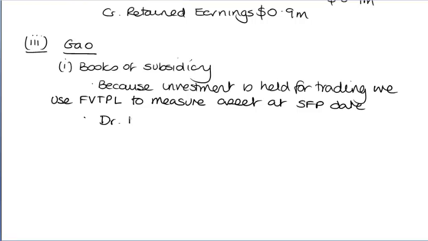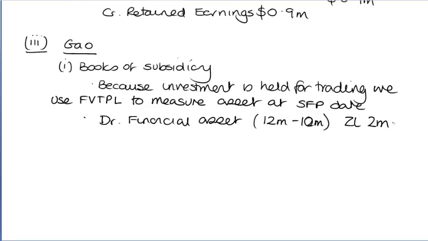So therefore I'm going to debit my financial asset. It's now worth 12 million. It was in the accounts at a figure of 10 million, so it's going to be 2 million zlotys.